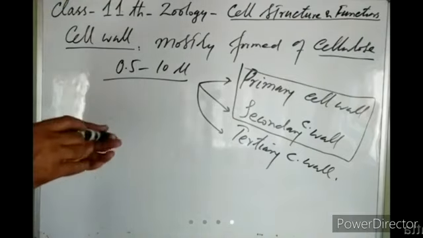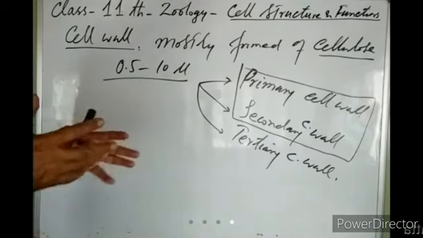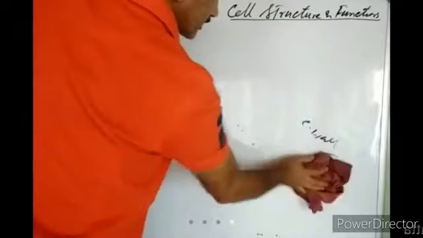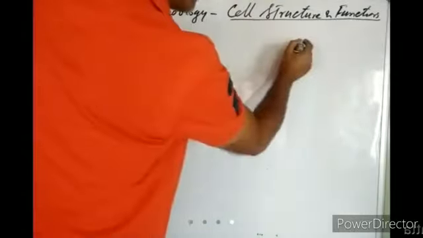We have to look into the structure of this cell wall and see how it is formed. When an animal cell divides, it breaks into two daughter cells. Suppose this is an animal cell.